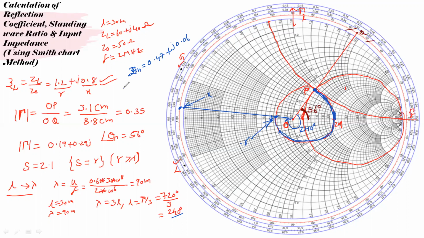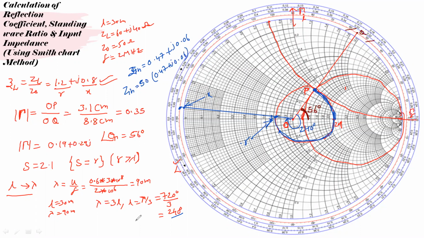So how do we get the final input impedance? You need to convert it into the actual value by multiplying with the characteristic impedance once again. It is 50 ohms multiplied with 0.47 plus j 0.06.